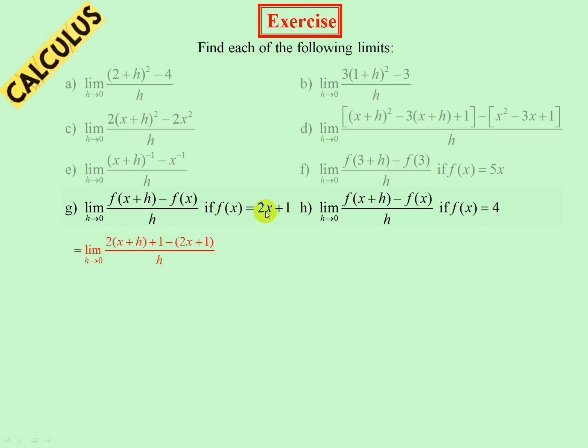Notice x plus h instead of x plus 1. Minus, and don't forget the bracket for the f of x. If f of x is 4, that's a constant, so f of anything will be 4, so f of x plus h is 4, f of 4 is 4.